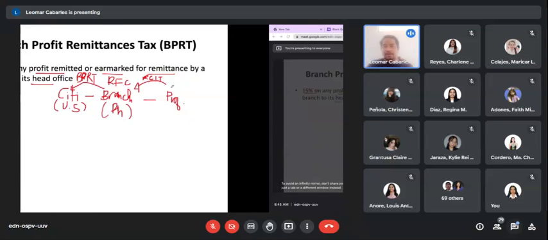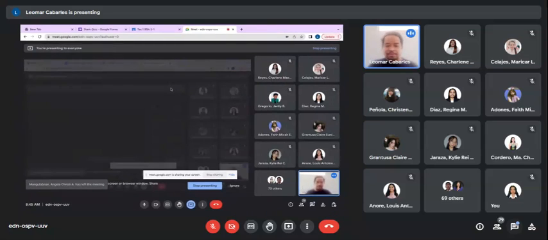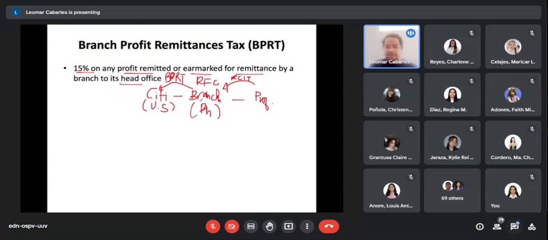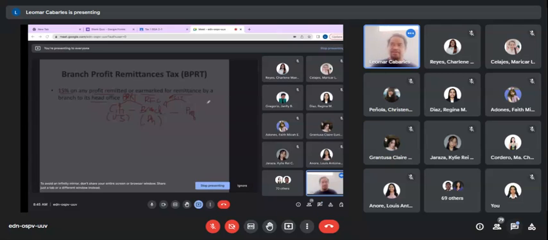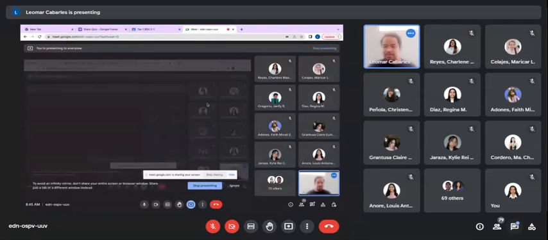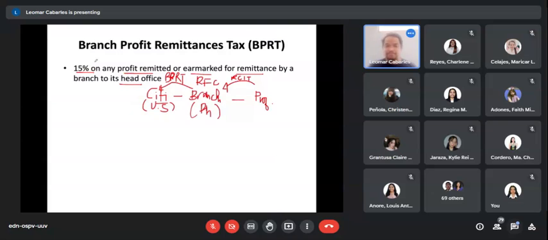So ano napansin nyo, class? Ang BPRT ba is para siyang tax sa dividend? The answer is yes. Okay? Ang stockholder kasi ng branch, essentially, itong foreign corp. So pag nag-dividend yan, may tax dapat. Kaya meron tayong BPRT.